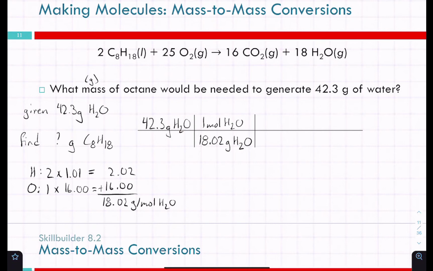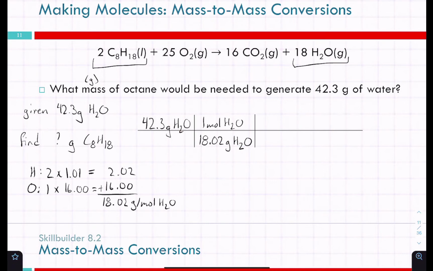What's our next step? Find the ratio. And what is that ratio? Octane and water, so 2 and 18. Yeah, octane and water. And it is just the coefficients. So 2 octanes to 18 waters.